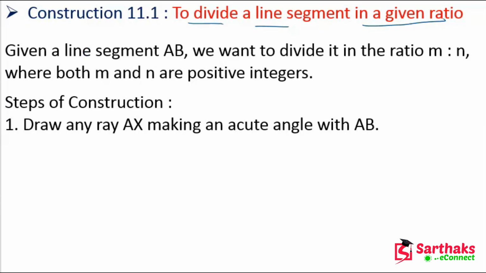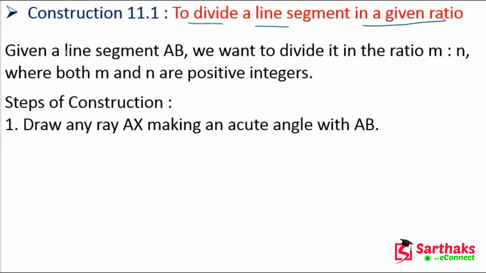So, my dear friends, a line segment can be divided into many parts, and they may be equal or not equal. Here we are going to divide a line into unequal parts.